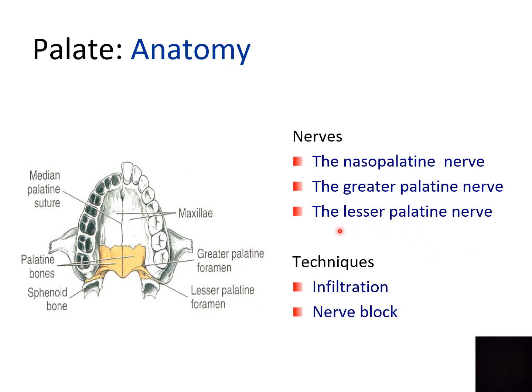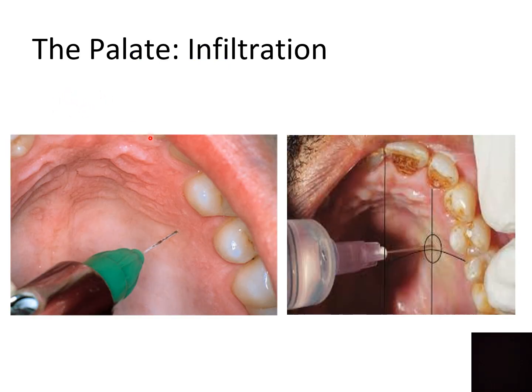And you can anesthetize the palate either through infiltration or giving nerve blocks related to the incisive nerve or the greater palatine nerve. We shall now look at various techniques for achieving anesthesia of the palatal soft tissues.